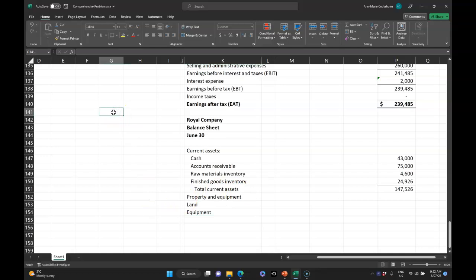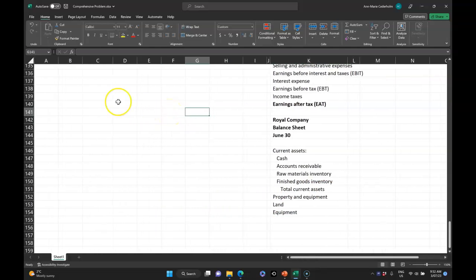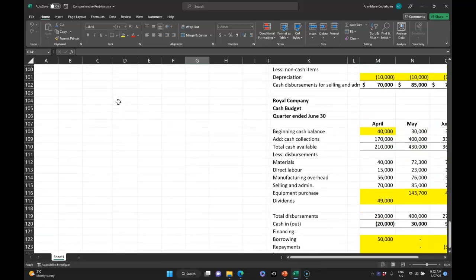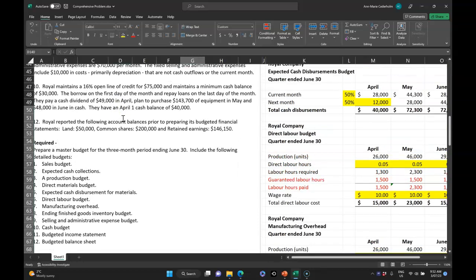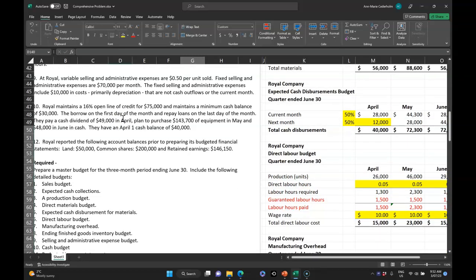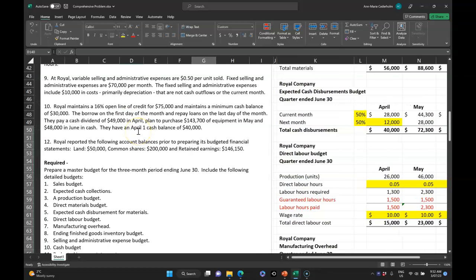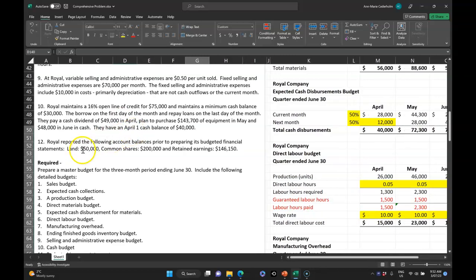So let's see what I have here. I don't have a starting balance sheet, so I can't add to that and make my adjustments. So let's see. It says I have land of 50,000, common shares of 200, and retained earnings of 146,150.